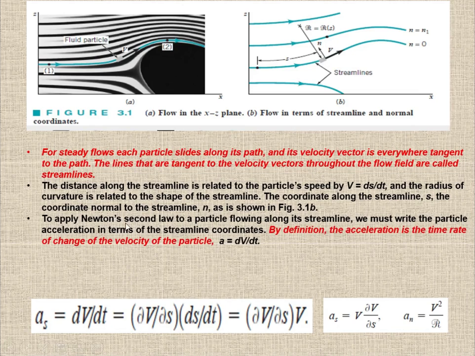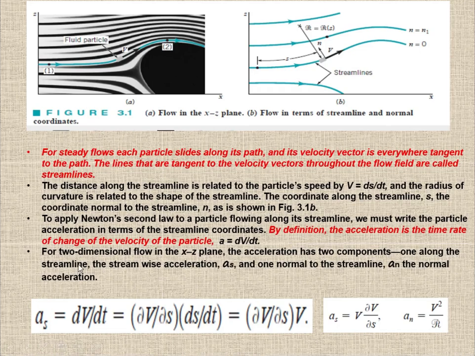So to apply Newton's second law to a particle flowing along its streamline, we must write the particle acceleration in terms of the streamline's coordinates. By definition, the acceleration is the time rate of change of velocity of the particle. So this is the velocity, the time rate of change of velocity is called the acceleration.